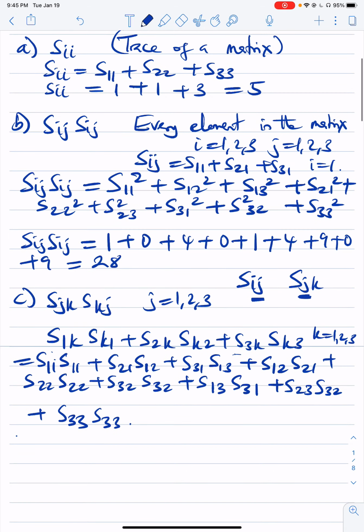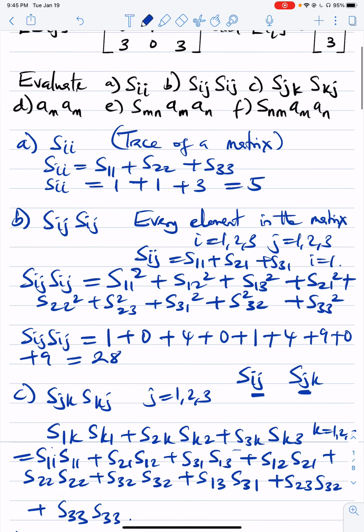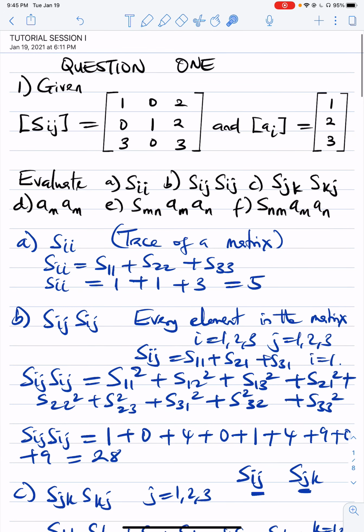Now, if you look at this matrix already, this is S11.